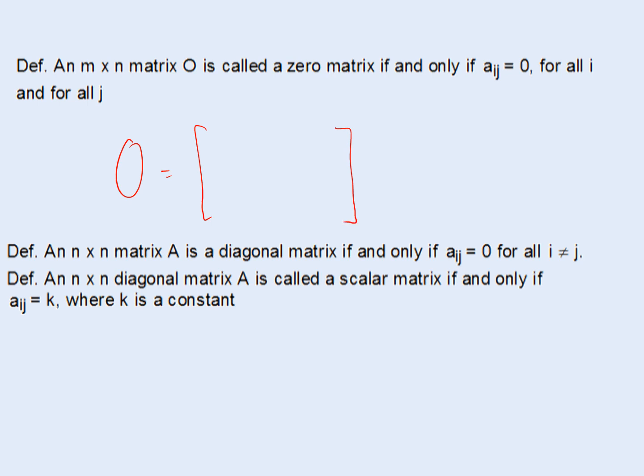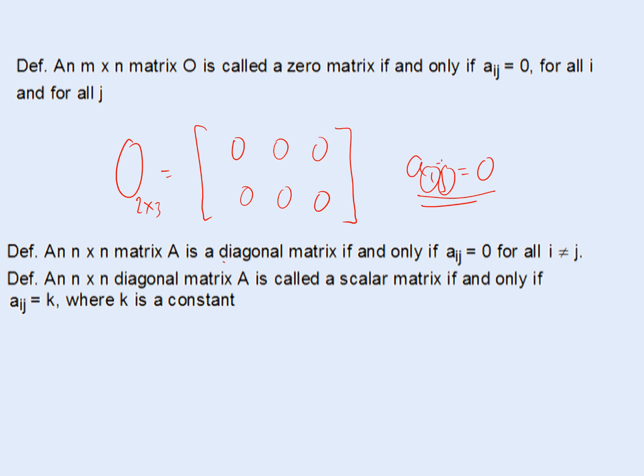So say for example, the 2 by 3 zero matrix contains 2 rows and 3 columns of zeros. So aij is equal to 0 for all rows and for all columns.